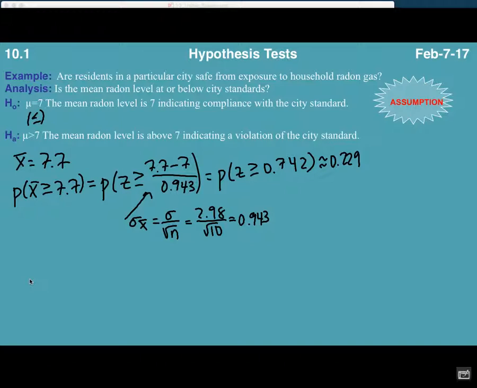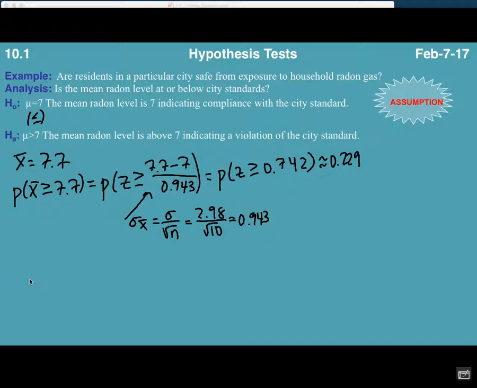What's the rule of thumb for what's rare? 5%. We're bigger than 5%. So do we have evidence for the alternative? You would have evidence for the alternative if this sample mean was very rare. So in this case, do we have evidence for the alternative? No.